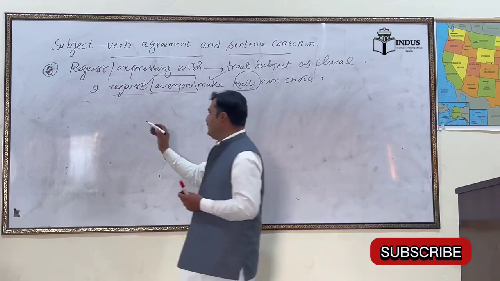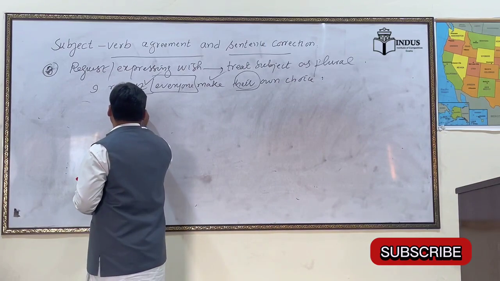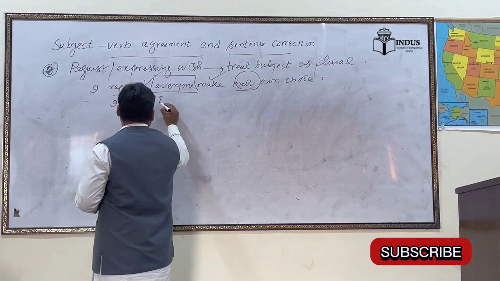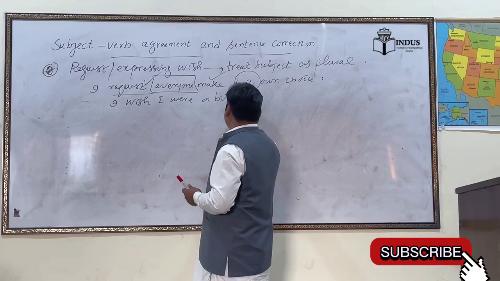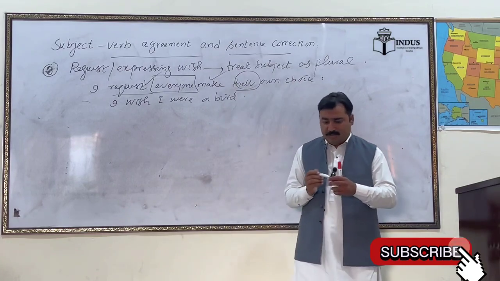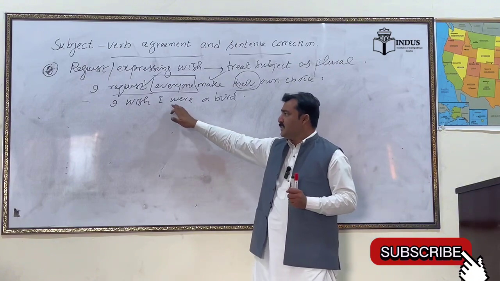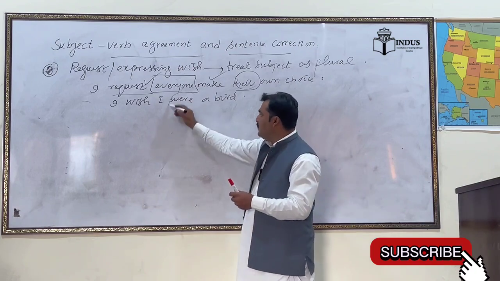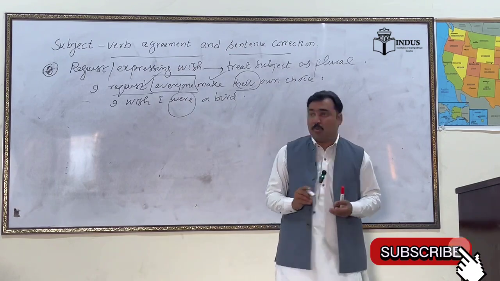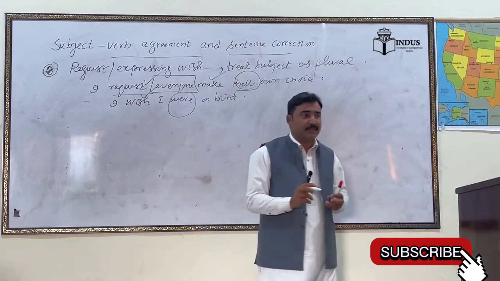As for expressing a wish, I say that I wish I were a bird. Normally we use "was" after I. Here I have used "were" as the verb. Why? Because I am making a wish.